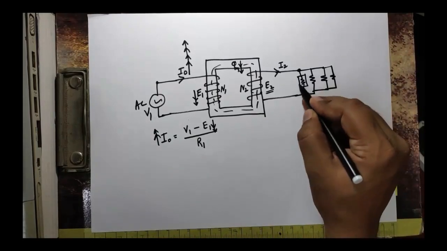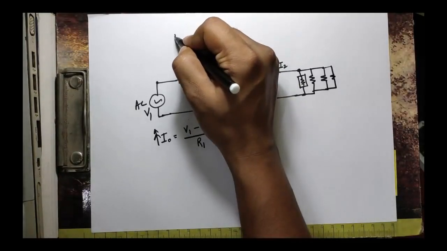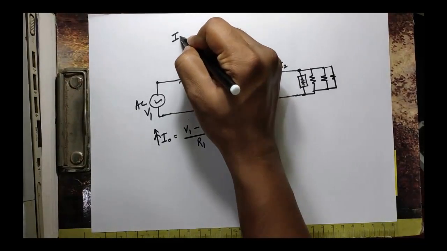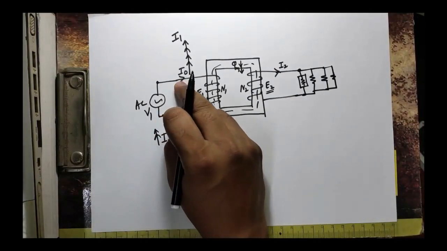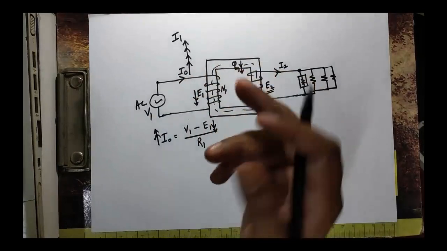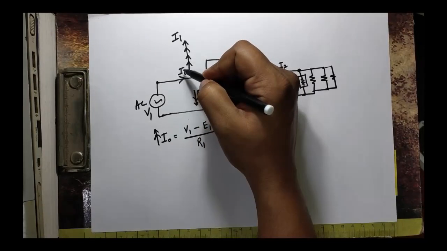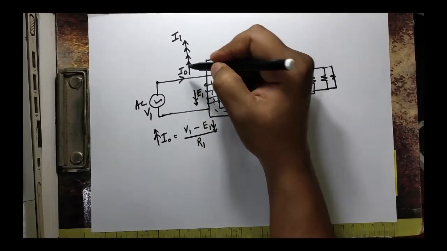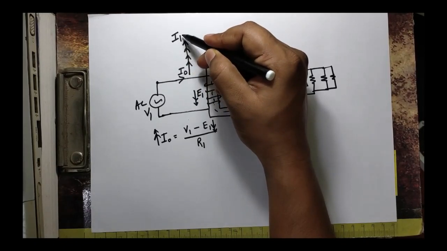Suppose this is the full load. So it will reach a certain current. Say this is I1. So this I naught is no load current, or primary no load current you can say. In secondary there is zero current at no load. And now at full load this current has been increased up to I1.